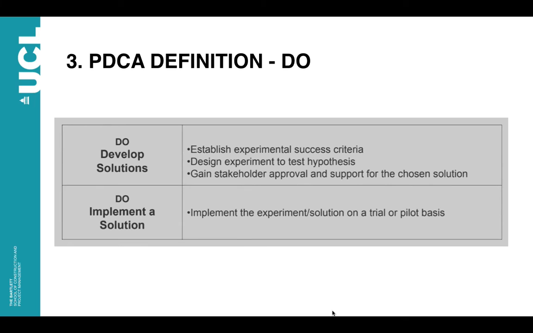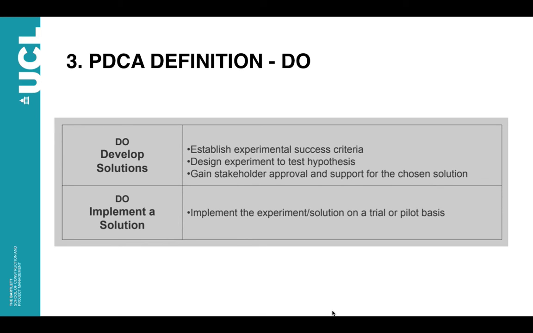The second stage is the do phase, and here we can also distinguish 2 sub-phases: develop the solution and implement the solution. To develop solutions, we need to establish what is our success criteria.